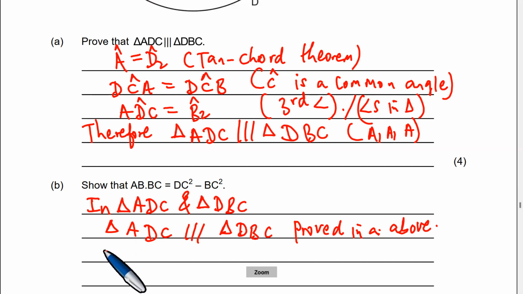So if two triangles are similar, then the corresponding sides are in the same proportion. It means, therefore, we take the first two over the first two. So we can say AD over DB is equal to the next two, DC over BC.